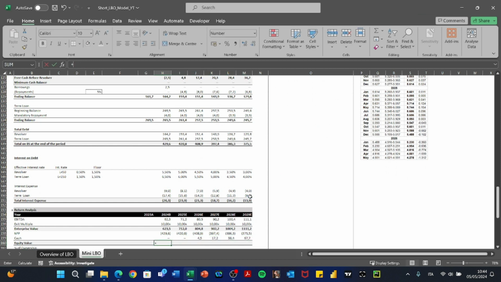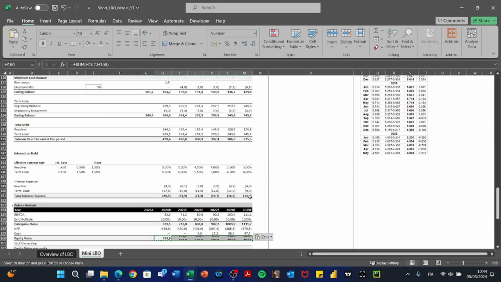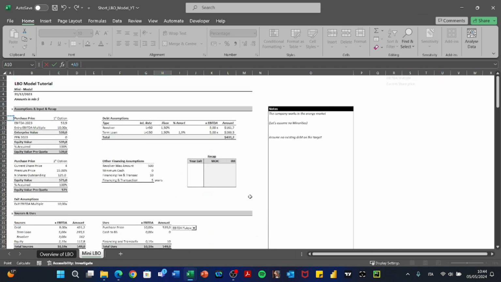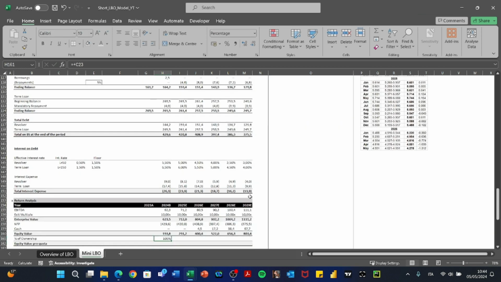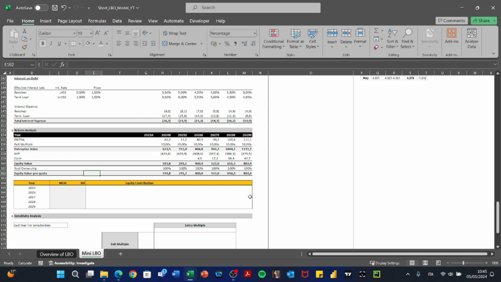Okay. Then our equity value is, with ownership equal to 100%. It means that the equity value of ours is the equity value times the ownership we have. Okay.